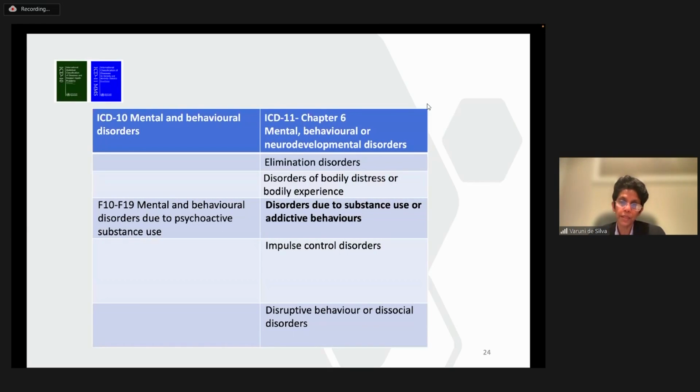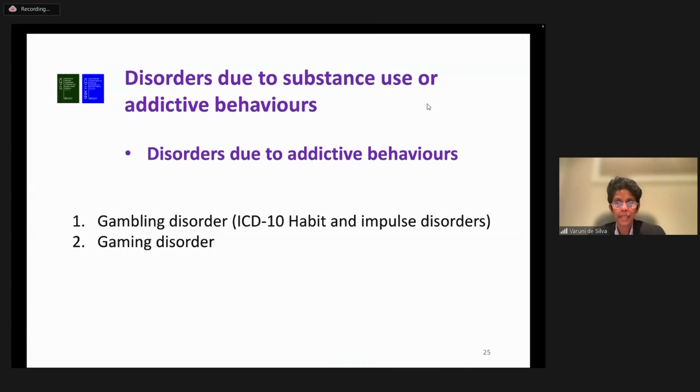Then there's of course a big category of disorders due to substance use or addictive behaviors. Again, I'm not going to go into details. Please look at it in detail, as there are a lot of important changes. I will just tell you there are basically two conditions. One, gambling disorder, which was under habit and impulse disorders in ICD-10, has been brought here.